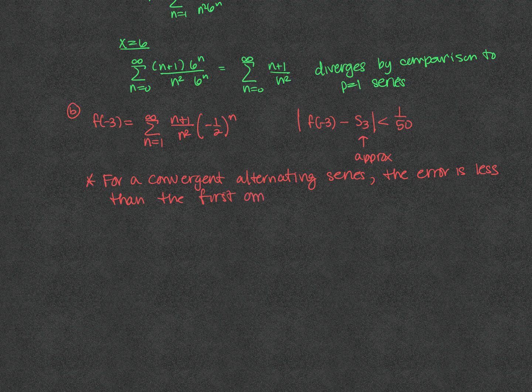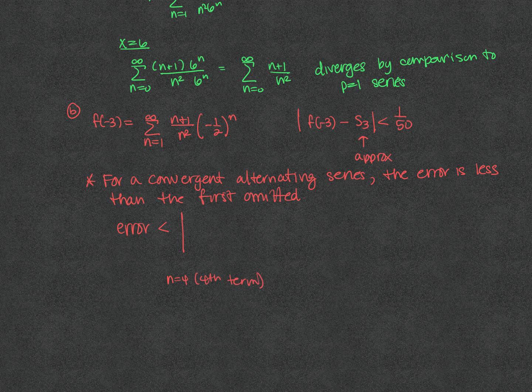So looking at our problem, we use the first 3 terms to find our approximate. So we're going to use our 4th term. So our error is going to be less than, and we're going to plug in n equals 4, because the 4th term is going to tell us that was the first one that was truncated.